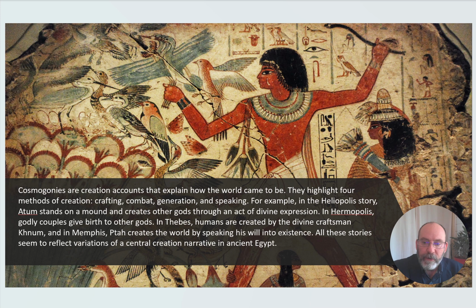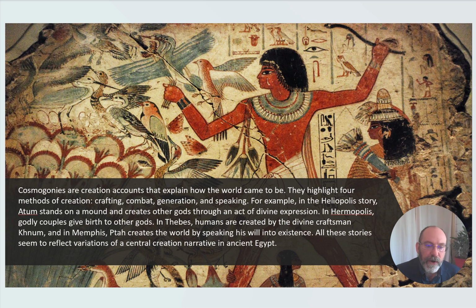And for example, in the Heliopolis story, Atum stands on the mound and creates other gods through the act of divine expression. In another story, godly couples give birth. And in Thebes, they had a little different account where humans are created by the divine craftsman Khnum. And in Memphis, Ptah creates the world by speaking his will into existence.